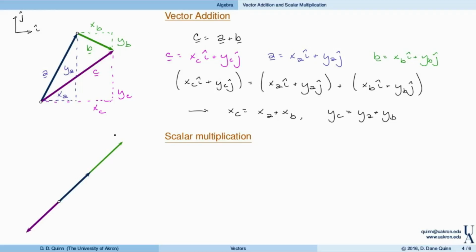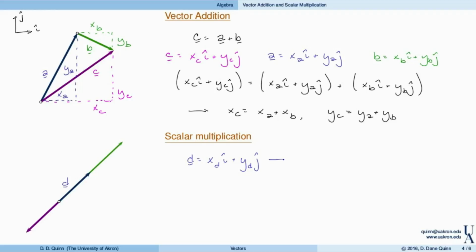Now we also have a law for scalar multiplication. So let's let d be this blue vector here. And once again, d is going to be some component in the i direction and a component in the j direction.